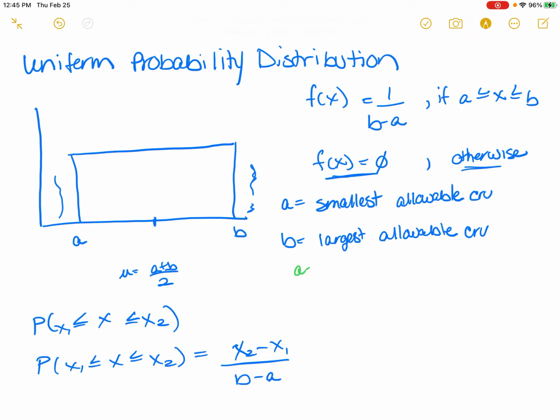So in this particular scenario, A is equal to 240, and B is equal to 290.